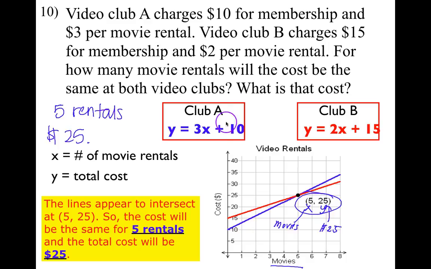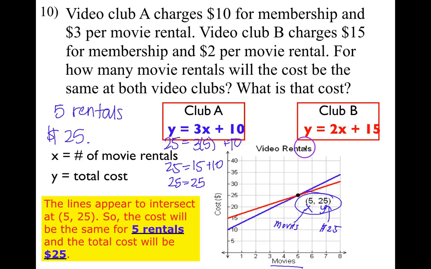Okay, and let me show you here, because remember we're supposed to check our answers. If y is 25 and x is 5, we have 25 equals 3 times 5, which is 15, plus 10. So we end up with 25 equals 25.